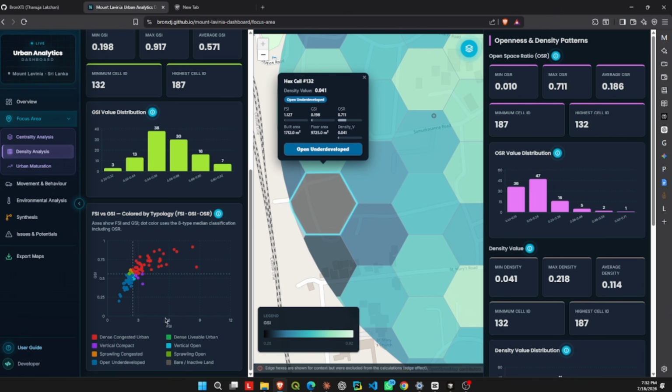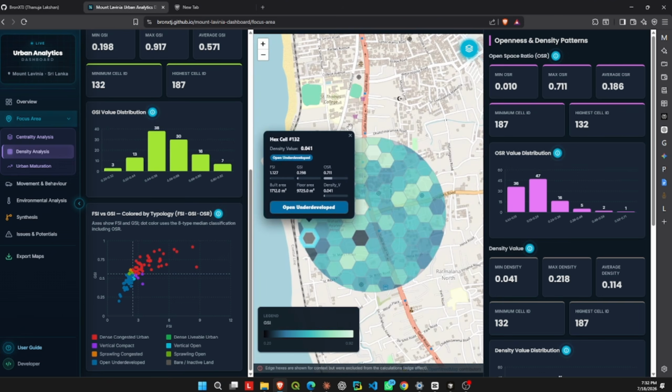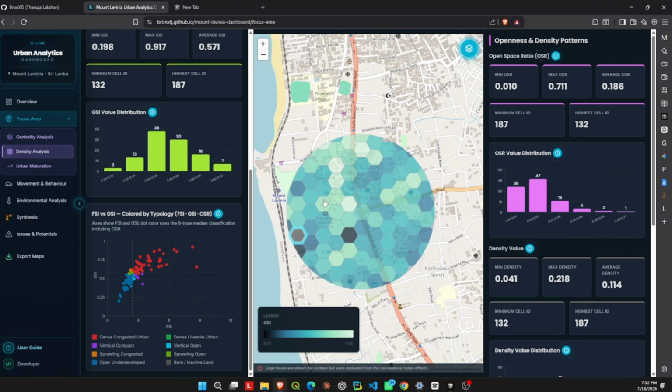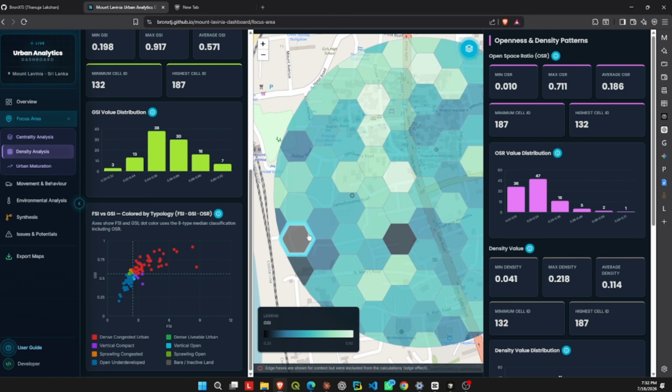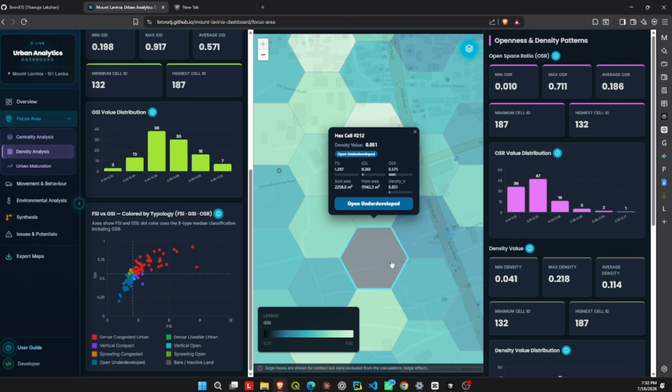If we take our study area, Mount Lavinia, this helped us understand and explain why some blocks feel dense and canyon-like, while others feel more open. These are the open areas.